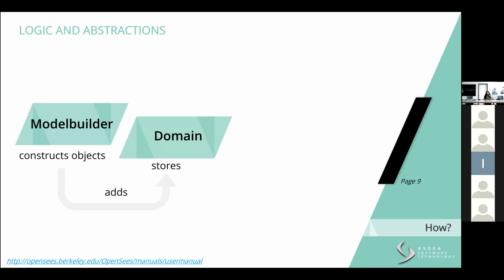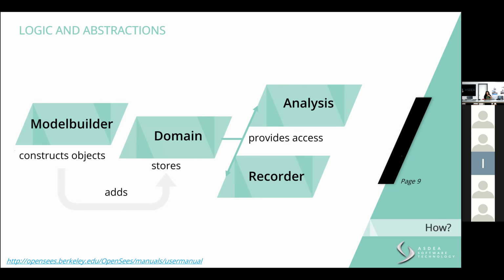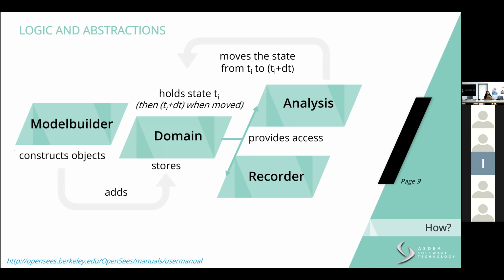These objects are added to the second module, which is the domain, that stores these objects inside of it and provides access to these objects to the other modules, which are the analysis and the recorder. The analysis will move the state of your model, of your simulation, from one time step to the next, given a certain delta, and the domain will hold that state until it's moved.